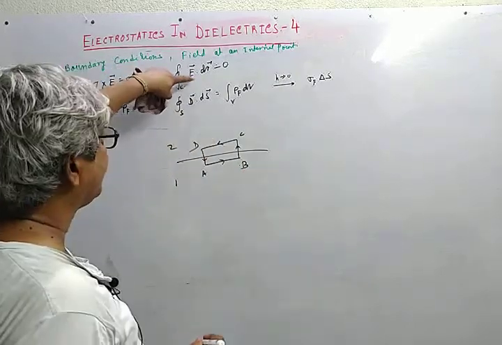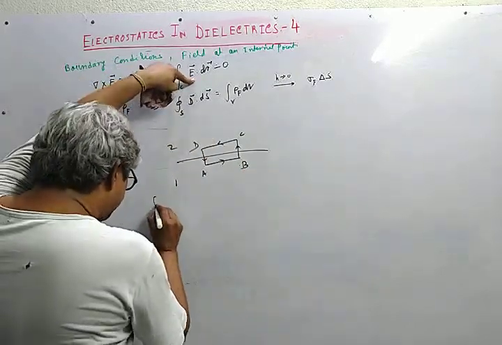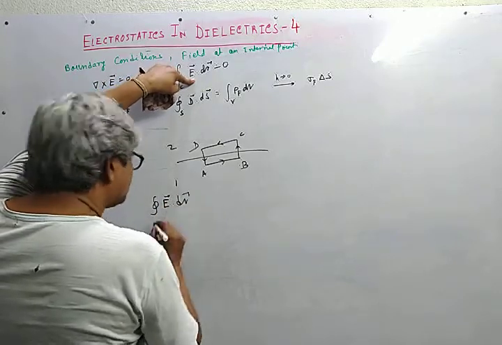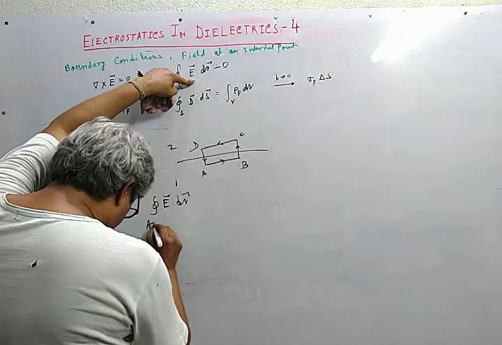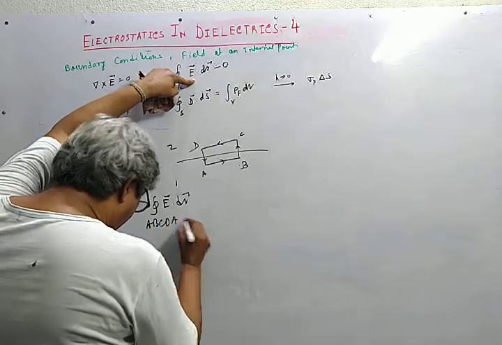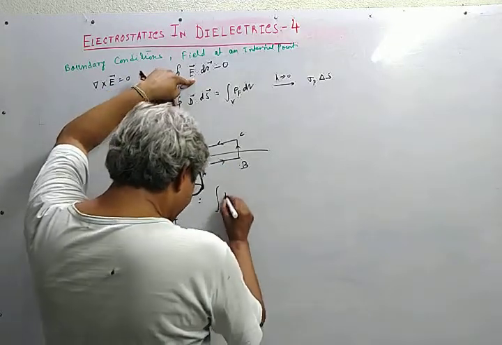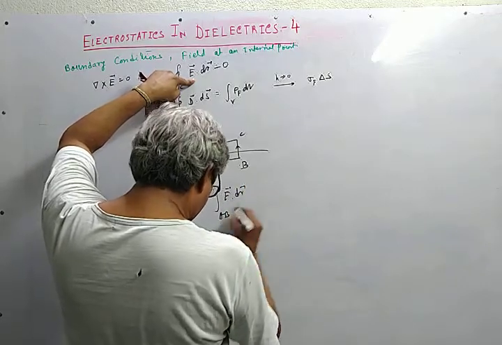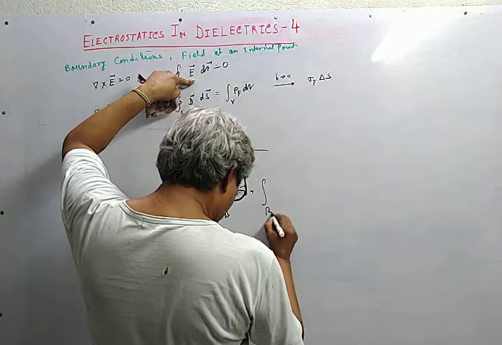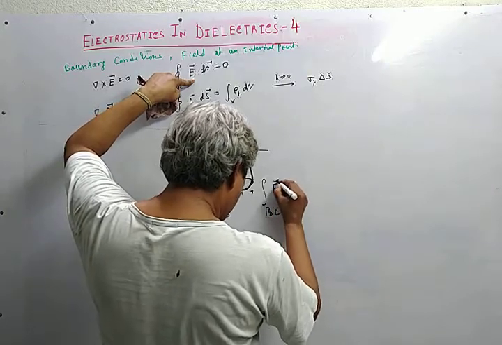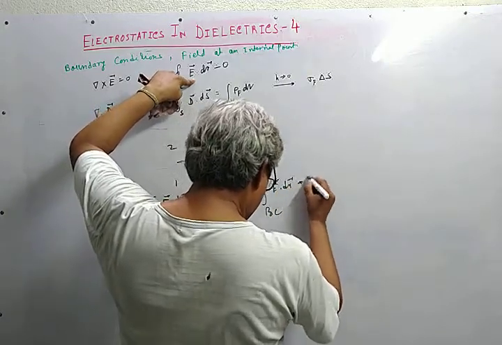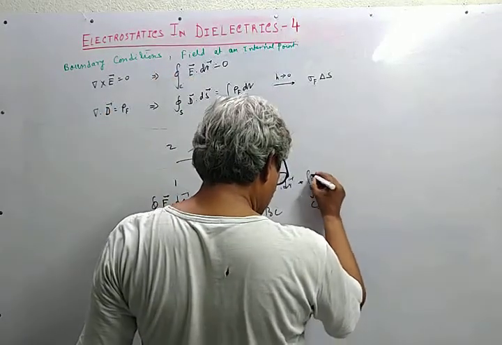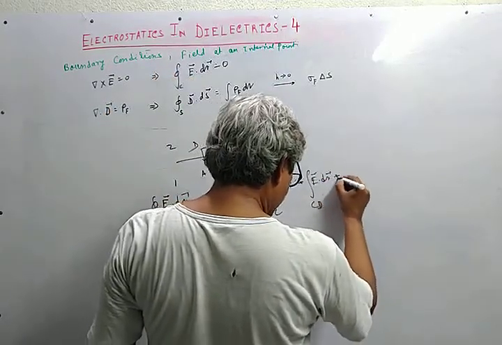Now if we write the closed contour integral of E dot dr, the closed contour is A, B, C, D, A. So this is E dot dr over AB, BC, CD plus DA.